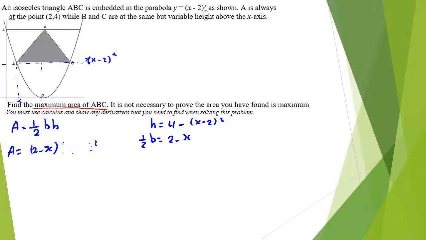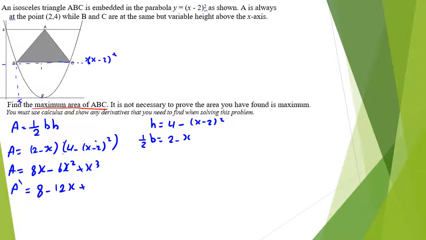Just delete that. Sorry, times 4 minus (x minus 2) all squared. Now when you rearrange and simplify, you will end up with 8x minus 6x squared plus x to the power of 3. Now I'll start differentiating, which is 8 minus 12x plus 3x squared.